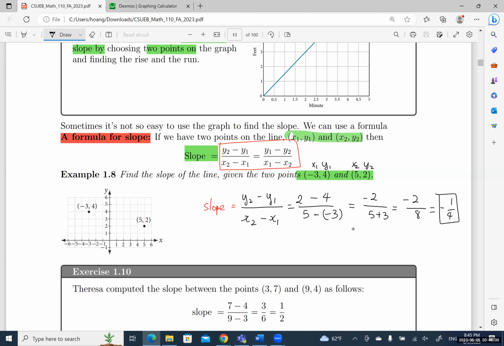So what did you notice in here? Notice I have a slope that is negative, right? So if your slope is negative, what happens with the line? Let me draw it.